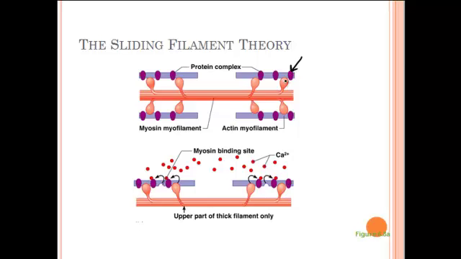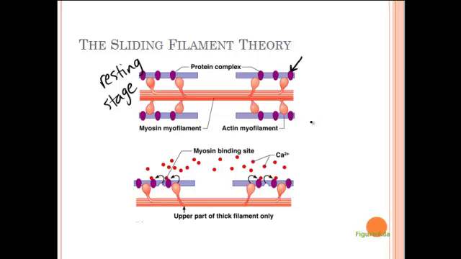So it looks like the myosin is attached to the actin here, but the binding site is being covered up by this little protein. At this resting stage there's no contraction happening because the actin and the myosin can't bind to each other. The myosin heads can't bind to the actin.